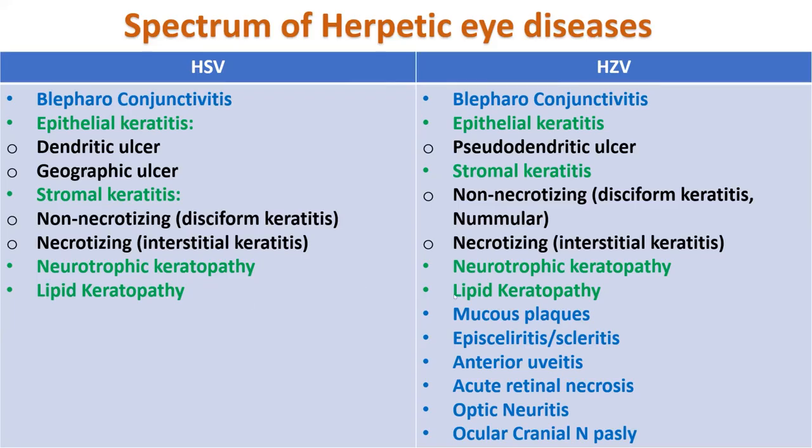But herpes zoster can also have other manifestations like mucus plaques, episcleritis and scleritis, anterior uveitis, acute retinal necrosis, optic neuritis, and ocular cranial nerve palsy. So basically, herpes zoster can cause inflammation of any tissue in the eye, not only the cornea.